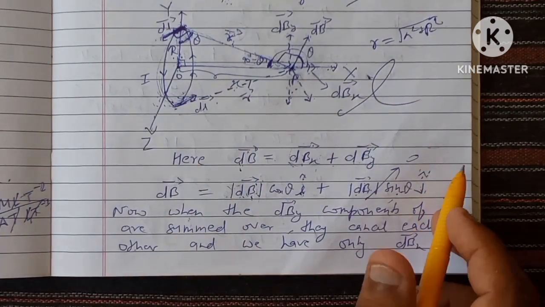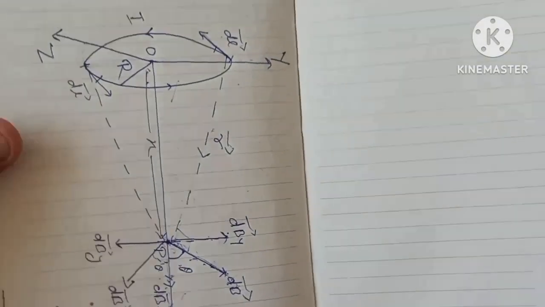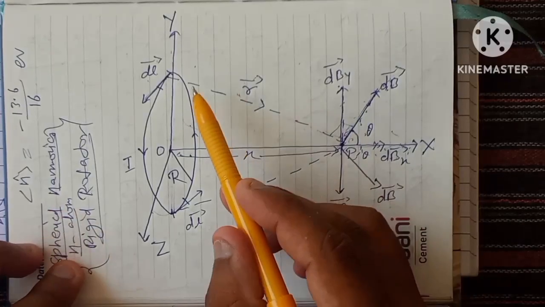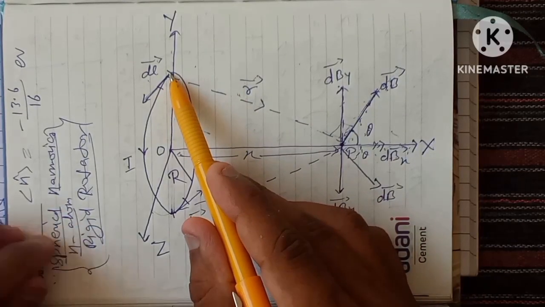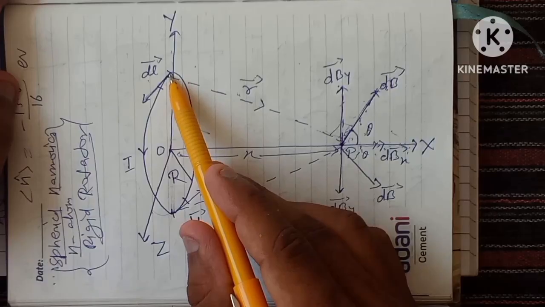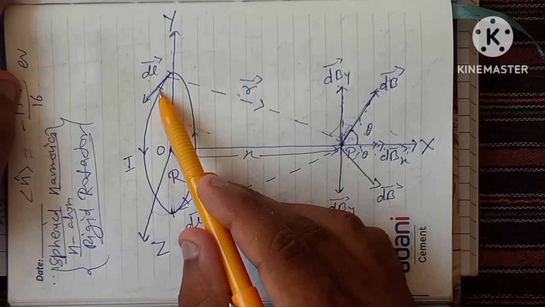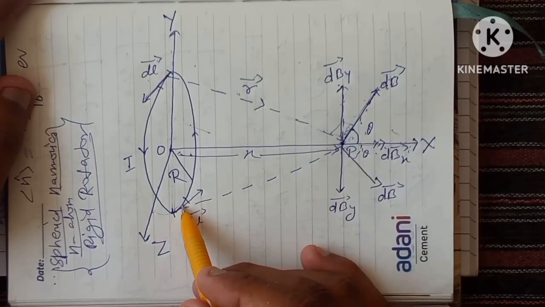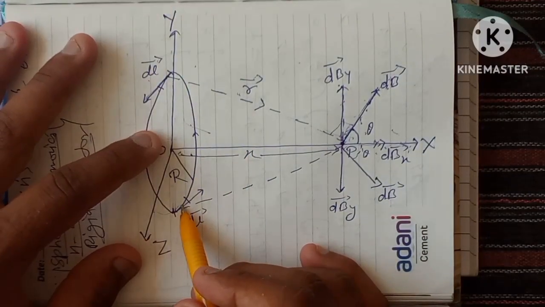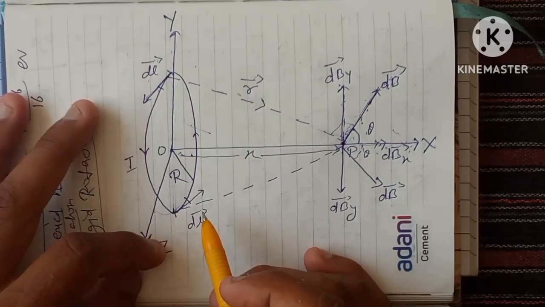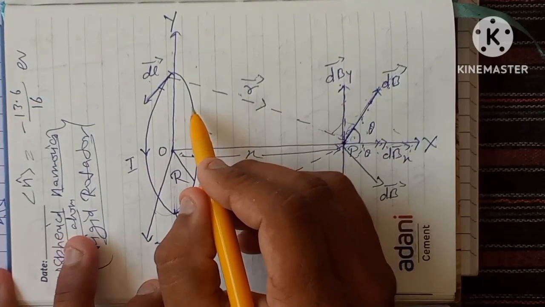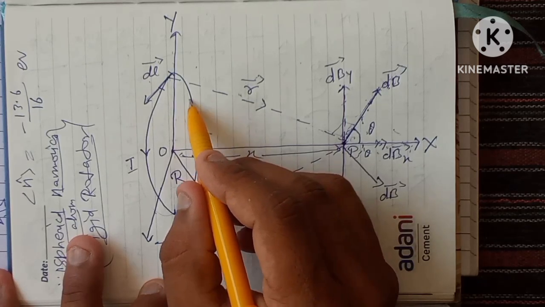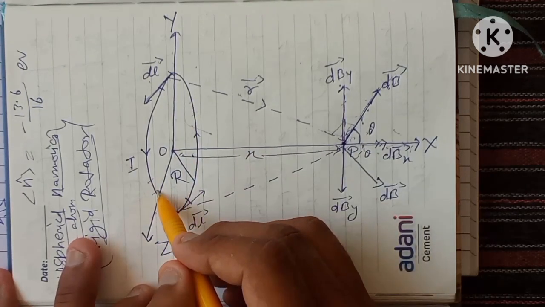Now there is an important point here. Let us understand this point. If I take the diametrically opposite dl vector of this dl vector, it will be like this. Diametrically opposite means both the vectors are diametrically opposite: if my dl vector is here, then the diametrically opposite dl vector will be here.